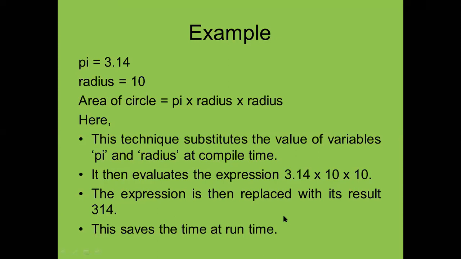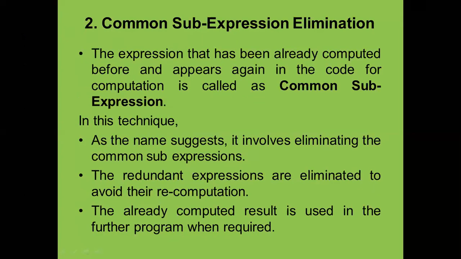Directly write 314. The area is fixed here, so you can write it directly while writing a long program. So avoid such constant propagation. This saves run time, which means the performance of the compiler will increase. So concentrate on such factors.